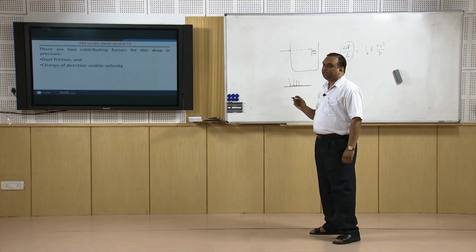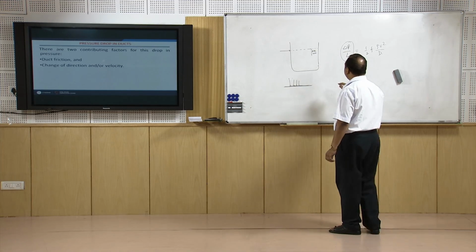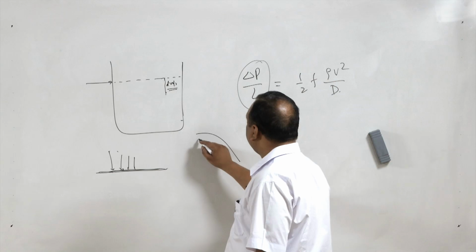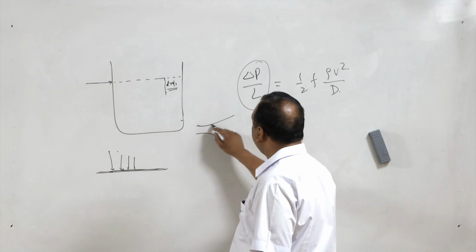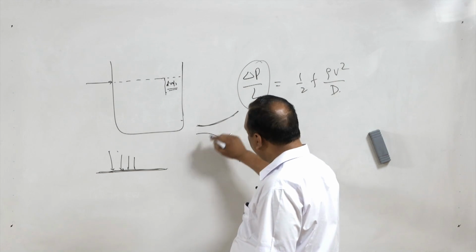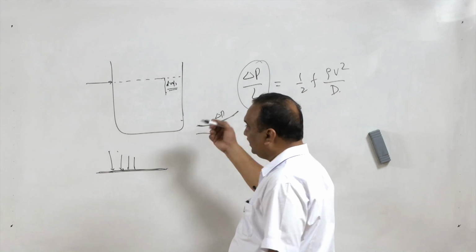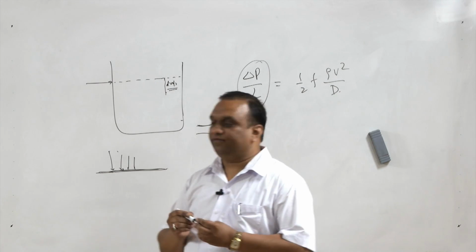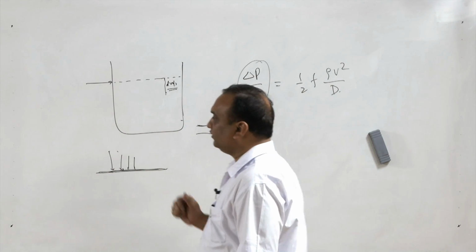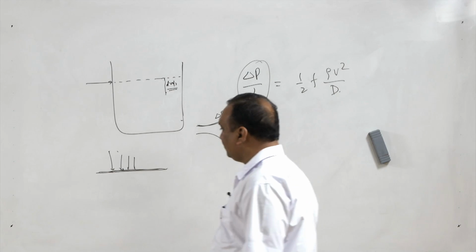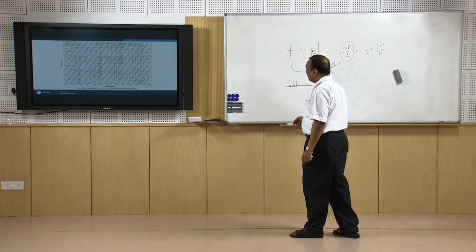And for change in direction and velocity, when there is a change in inertia, a pressure drop has to be there. If there is a change in the direction of the fluid, or an increase in velocity, there is going to be a pressure drop. Now this is a duct friction chart.